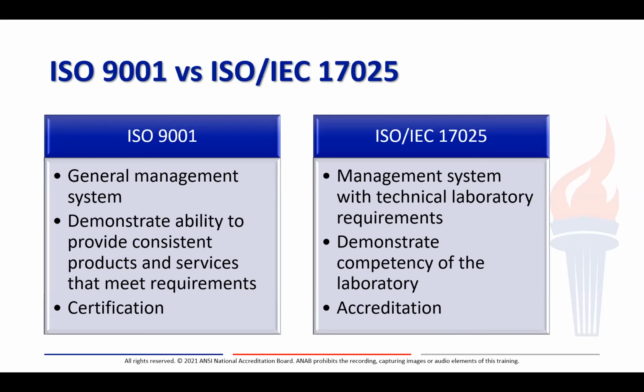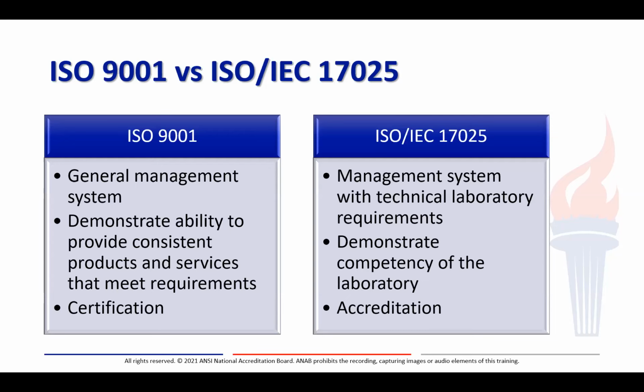Any organization can implement the requirements of 9001 to demonstrate their ability to provide consistent products and services that meet the standard's requirements. When we are talking about general management systems, the term here is certification. Once we get into the technical standards, such as 17025, the term accreditation is used.